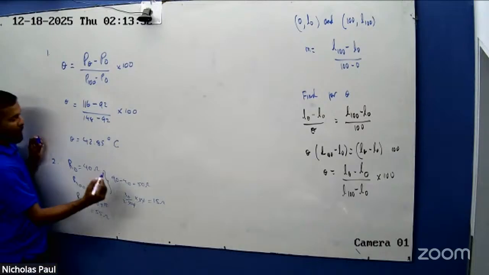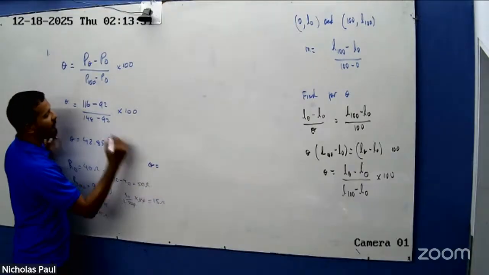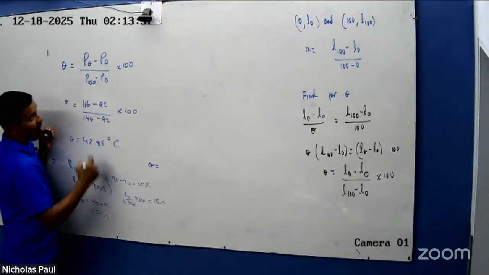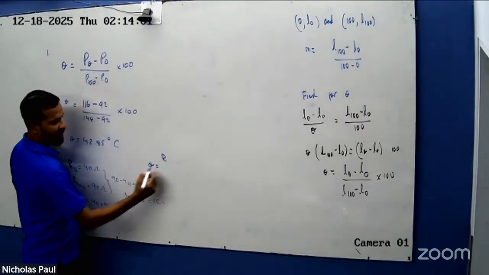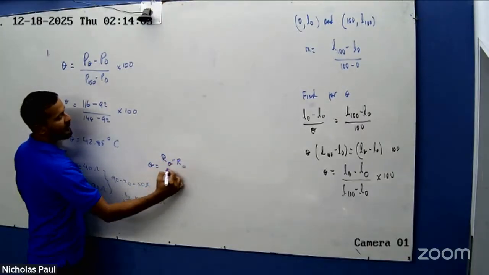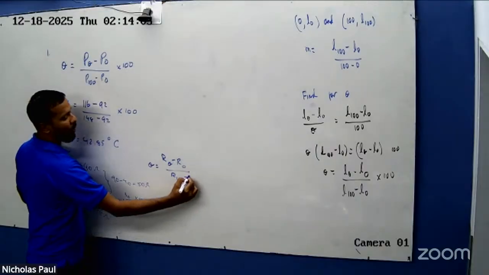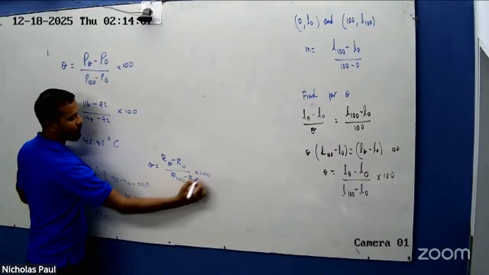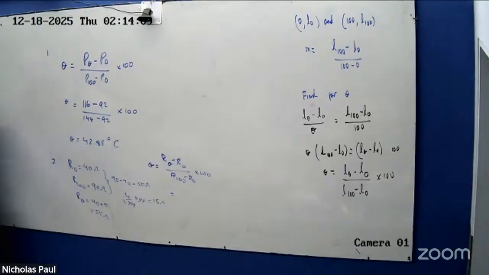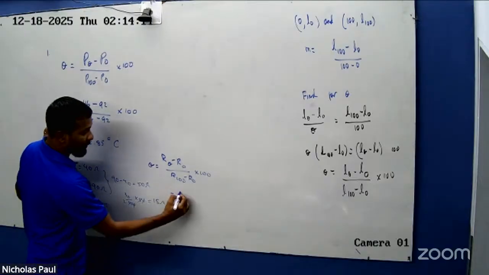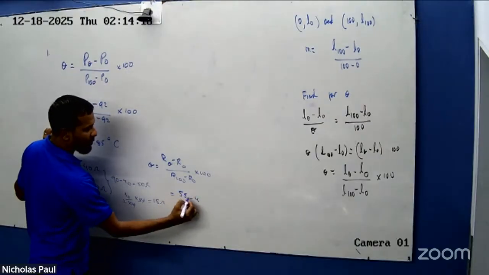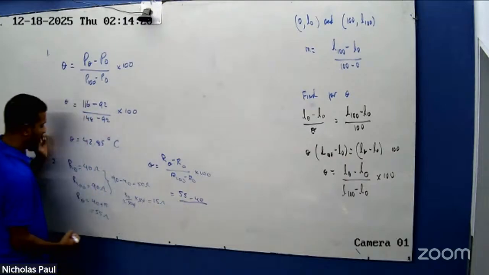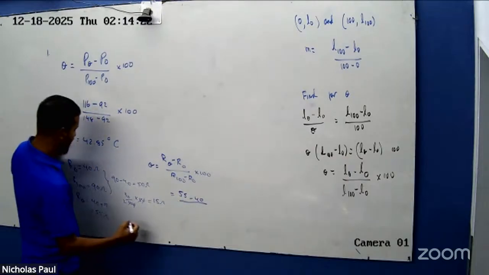Now, how do we find theta? Same formula. Please get in the habit of writing it like this. R, because it's resistance. R theta minus R0 over R100 minus R0. Right? So that will be 55 minus 40 all over 90 minus 40.